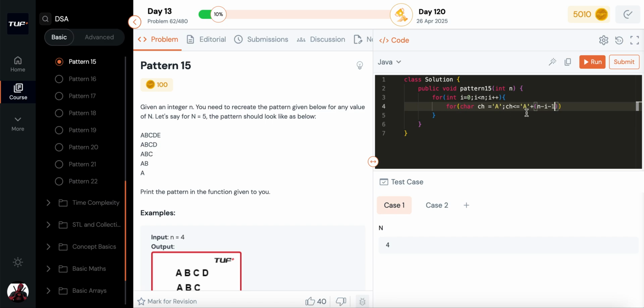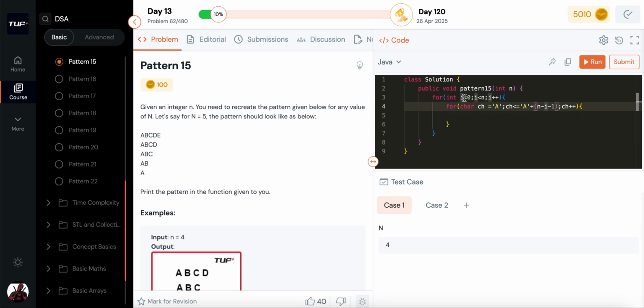What this does is, when i is 0, n is 5, 5 minus 0 is 5, minus 1 is 4. So A, B, C, D, E, till E, ch plus plus. That's what will be written.